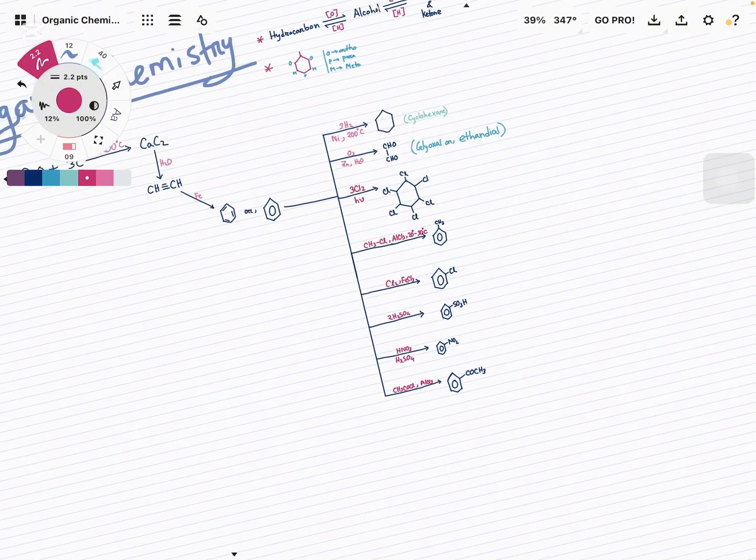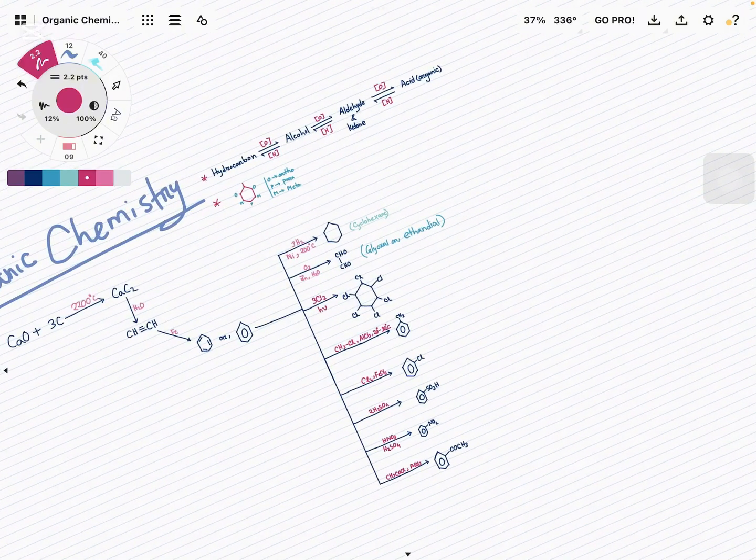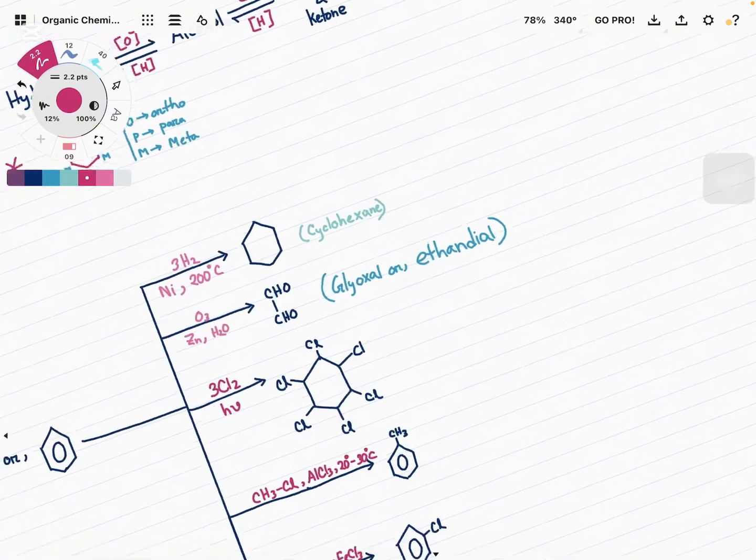That's it. That's our reactions of benzene. And now we will move to our further reactions.